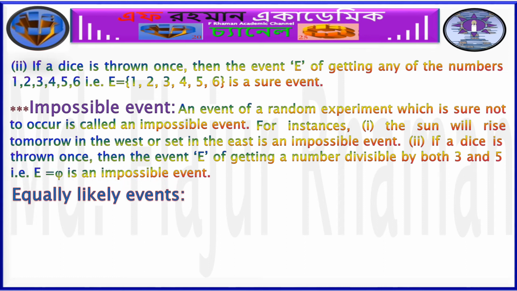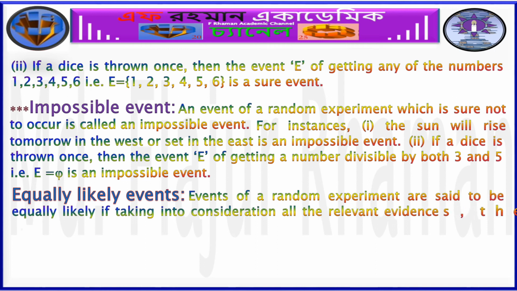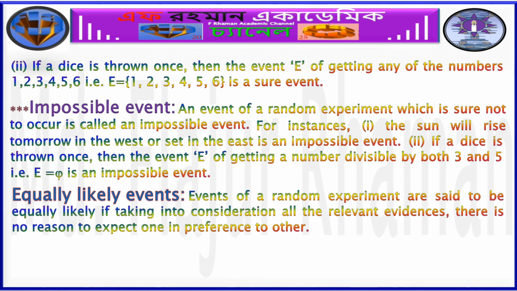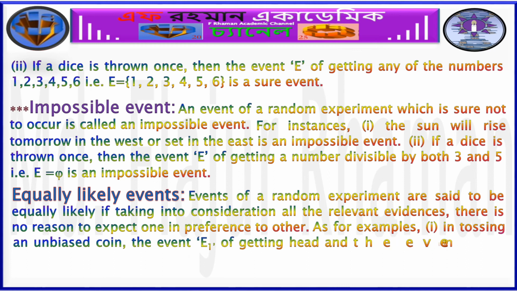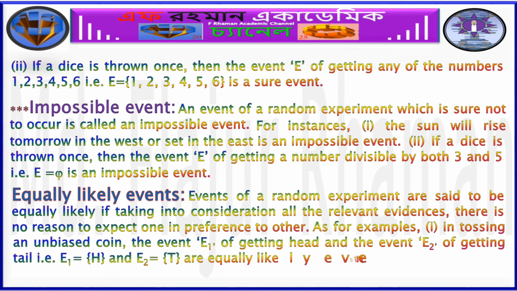Equally likely events. Events of a random experiment are said to be equally likely if, taking into consideration all relevant evidences, there is no reason to expect one in preference to other. As for examples, 1. In tossing an unbiased coin, the event E1 of getting head and the event E2 of getting tail, that is E1 = {H} and E2 = {T}, are equally likely events.